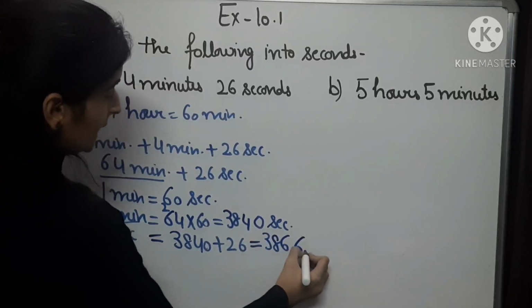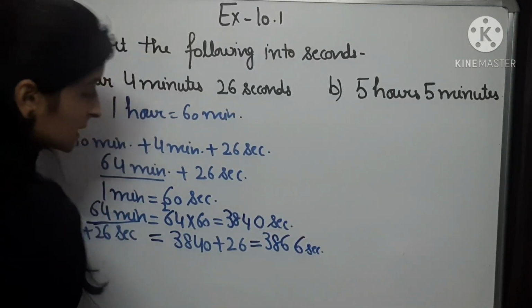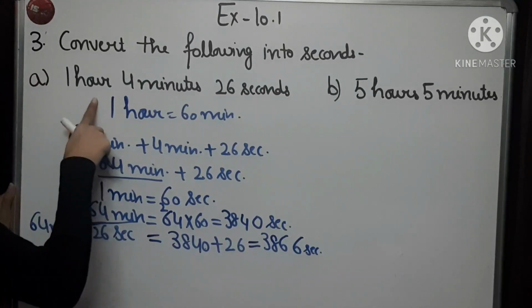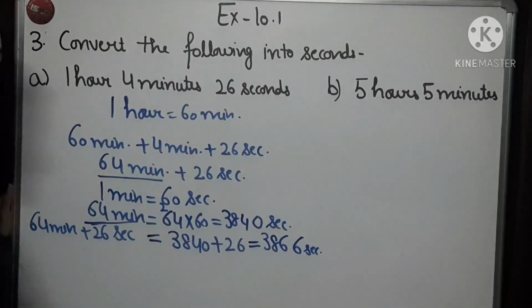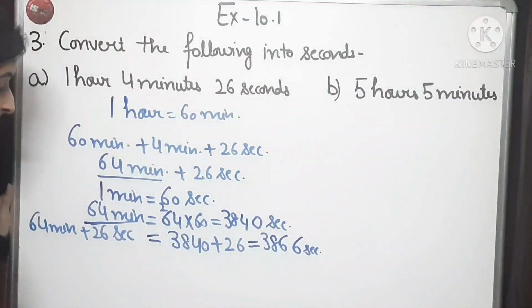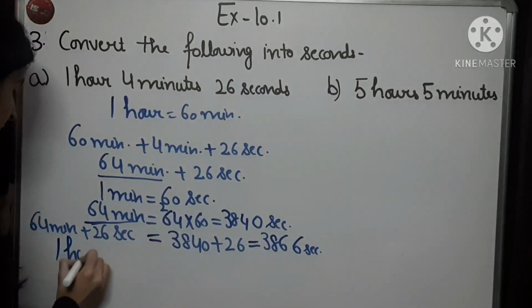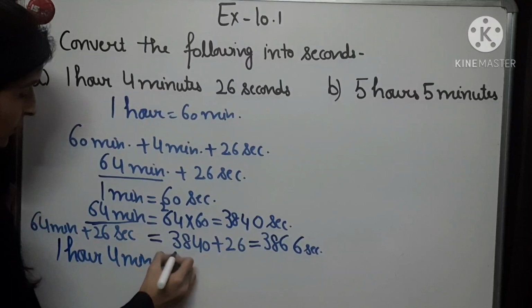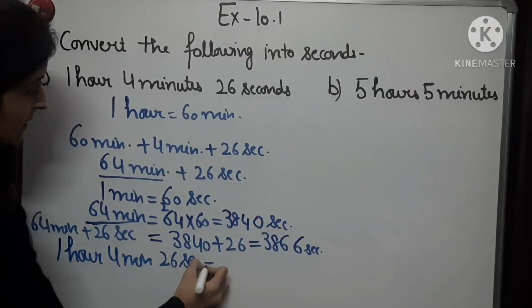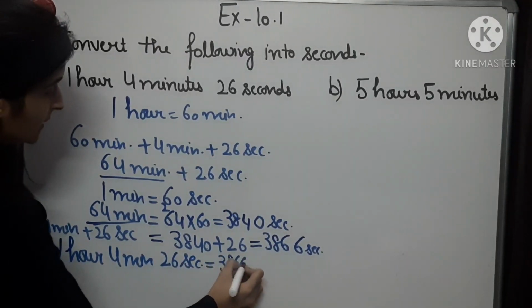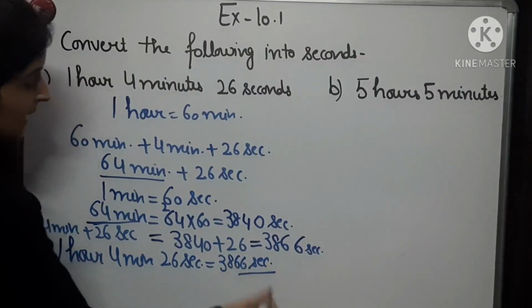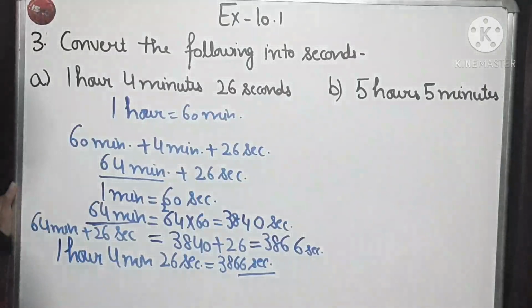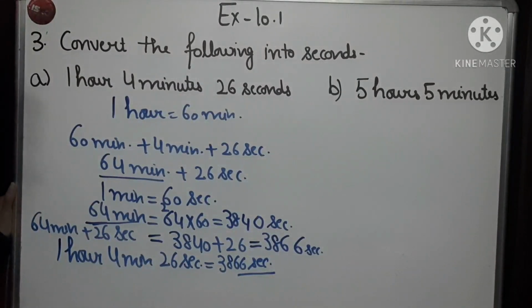So 3866 seconds are there in 1 hour, 4 minutes and 26 seconds. Right? So here we can write 1 hour, 4 minutes and 26 seconds is equal to 3866 seconds. Okay, so this is the way to solve this question.